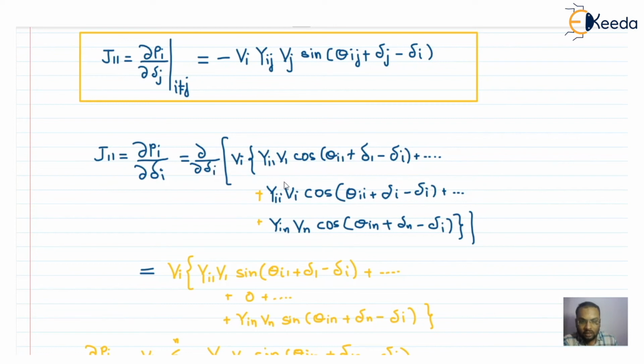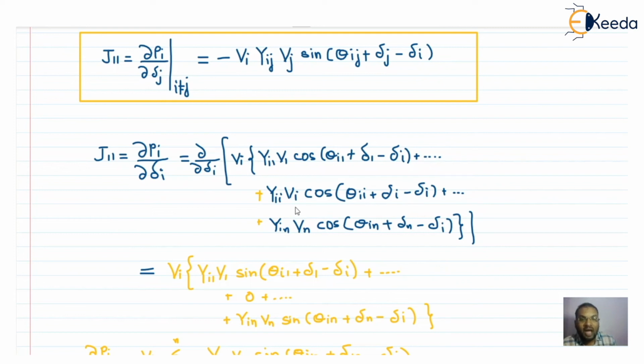See now, that Pi equation, I'm expanding it in this way. Let's say I am keeping Vi out. The summation I'm expanding: for k equal to 1, it will become Yi1 V1 cos of theta i1 plus delta 1 minus delta i, plus.